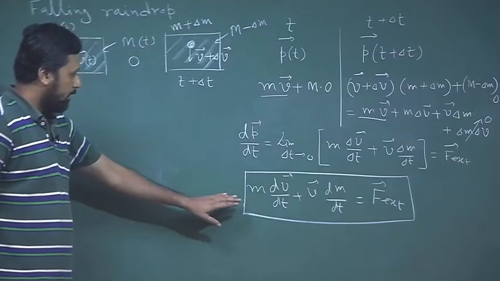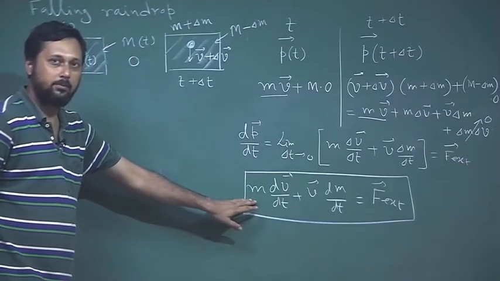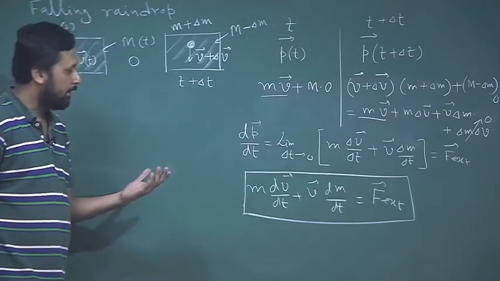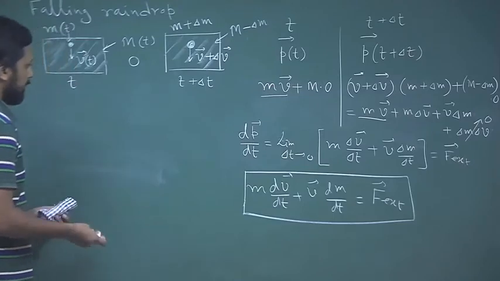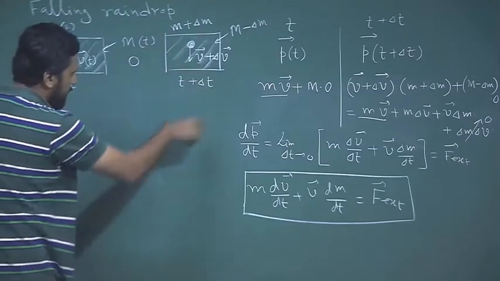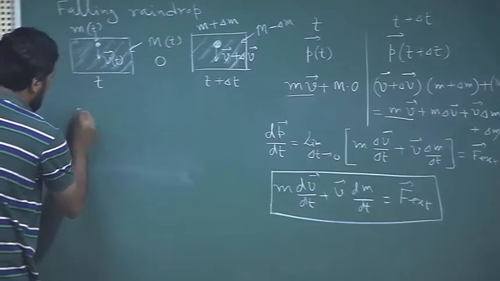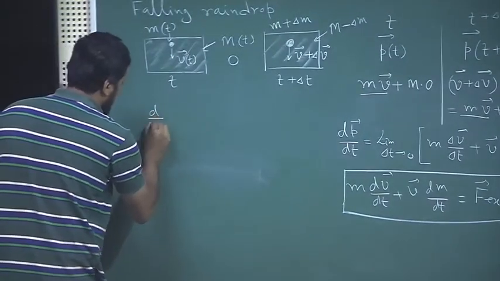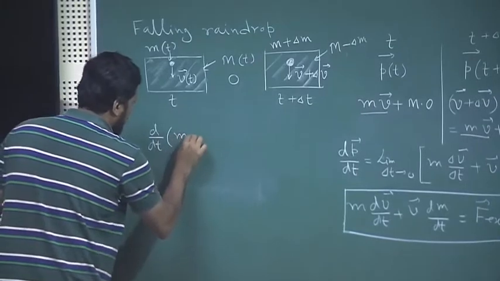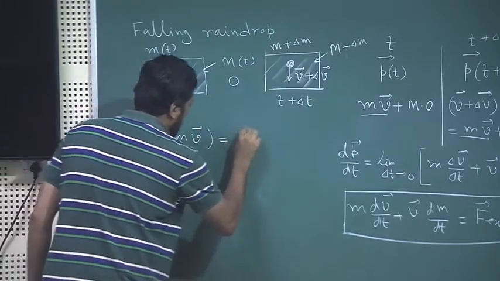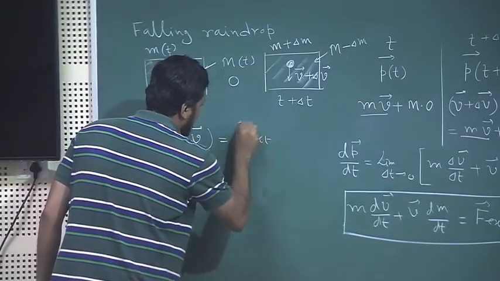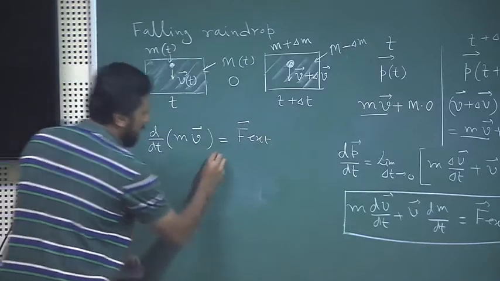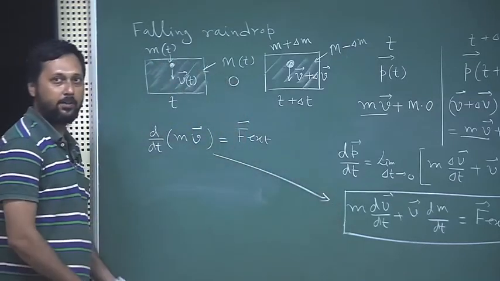And if we start from the standard equation without doing all this elaborate procedure, if we simply write Newton's second law in its original form, equal to f external, and take the derivative of this, we will essentially get the same equation.